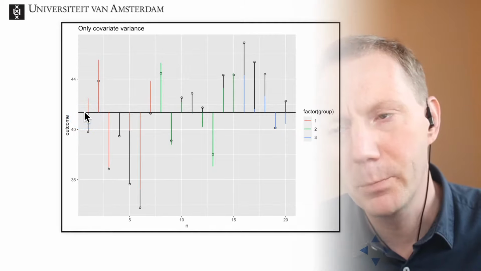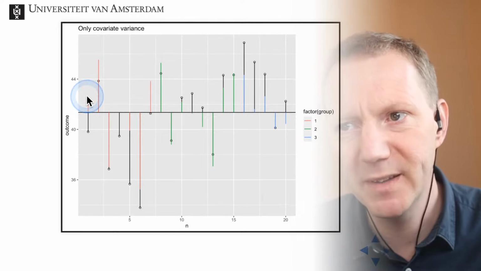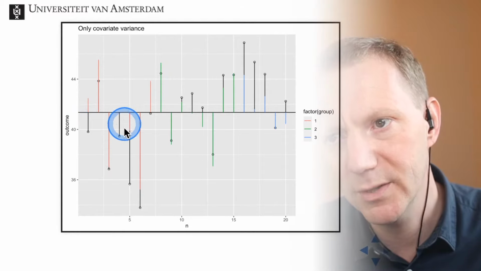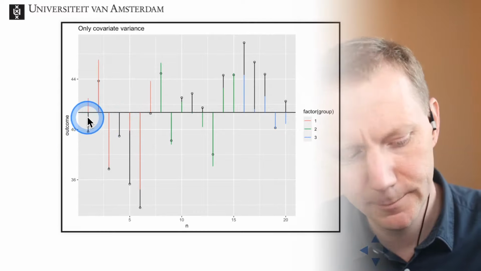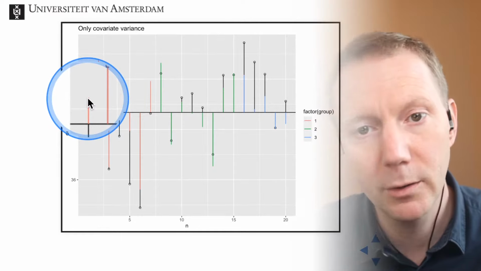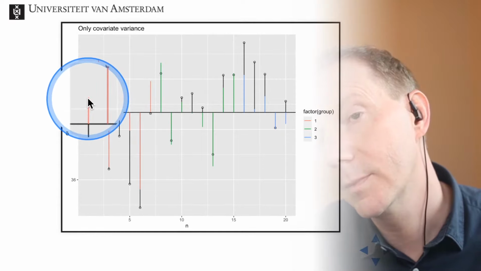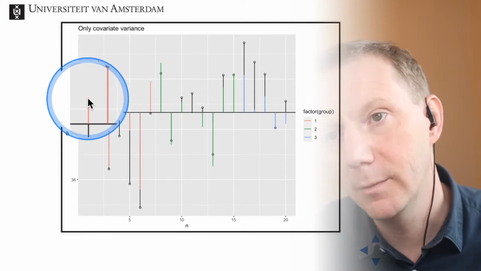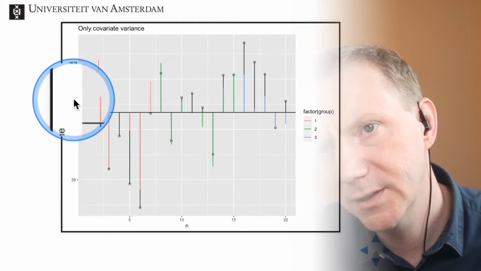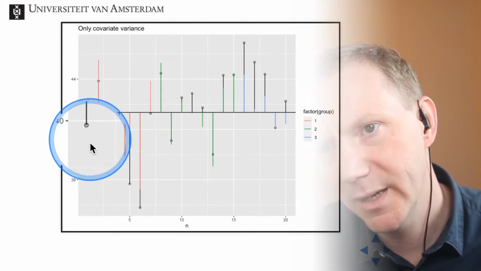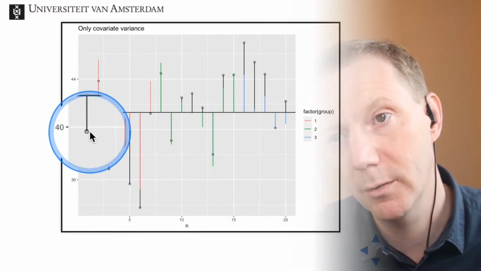and because it's a continuous value, the covariate means that all expectations for each individual can differ. So for the first person here, the model based on the covariate expects an extroversion level of, say, 42 or something, but the actual score on extroversion for this person is much lower, so it's off a bit.